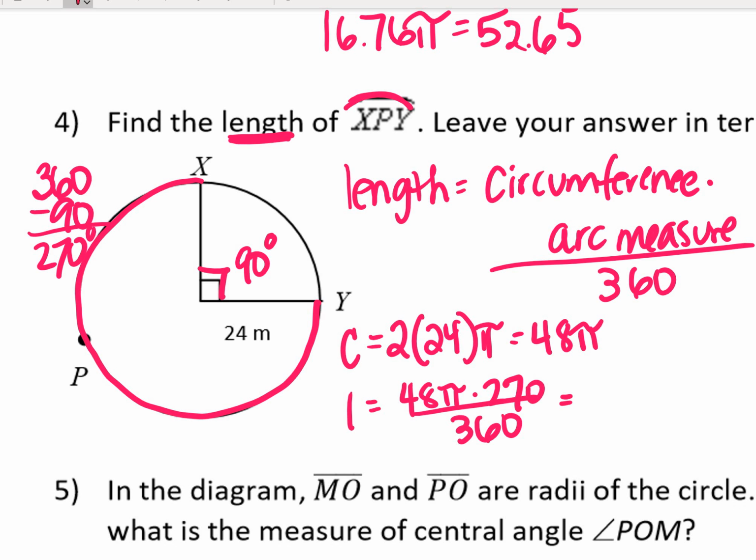And when you multiply all that out, leaving it in terms of pi, so I'm not going to enter pi in my calculator, I will end up with 36 pi for this one. Okay, so arc length, not arc measure, but arc length, and that's what you need to pay attention to. We need to multiply the part of the circle that I want times the circumference.